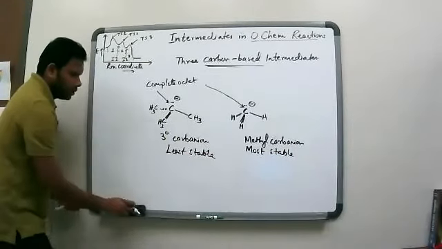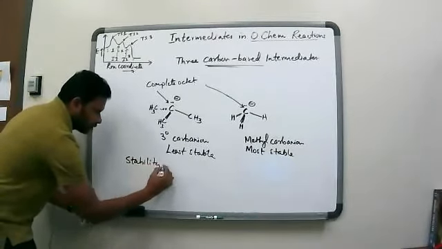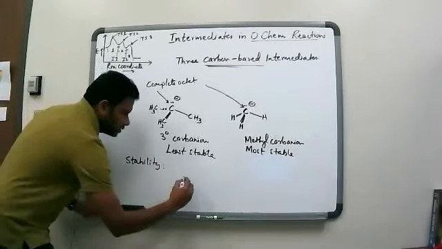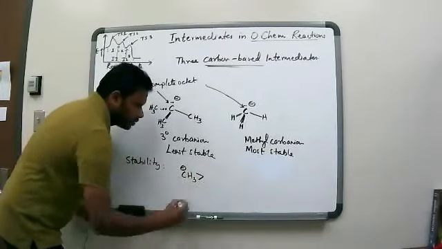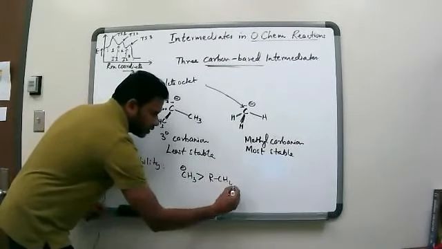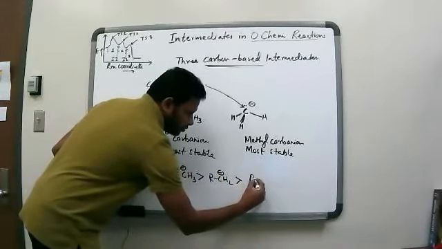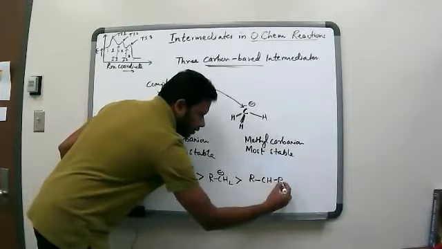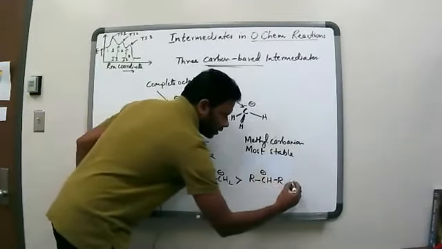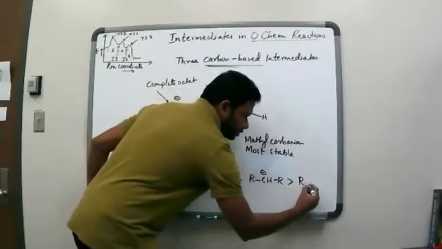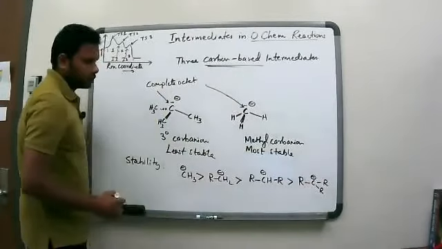And so overall, the order of stability, okay, the stability order for carbanions is methyl carbanion is more stable than something like an RCH2, which is a primary carbanion. This is more stable than a secondary carbanion, which in turn is more stable than an RCR with a negative charge.